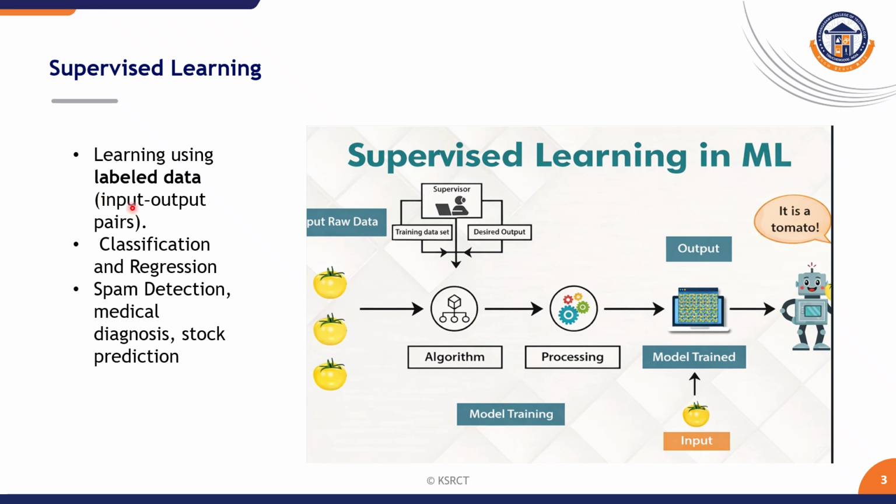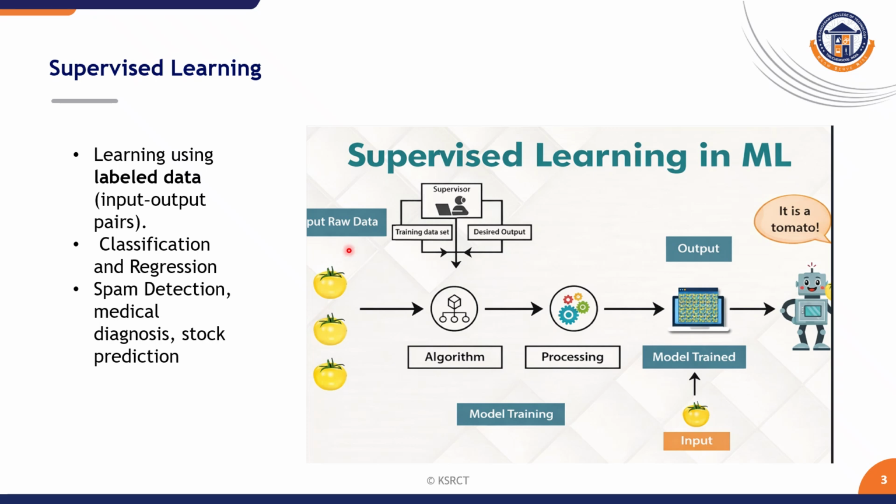Supervised machine learning. Here, the learning is done by labeling the input data. Input data will be given with labels. Suppose we have a tomato, it can be yellow, red, or green.